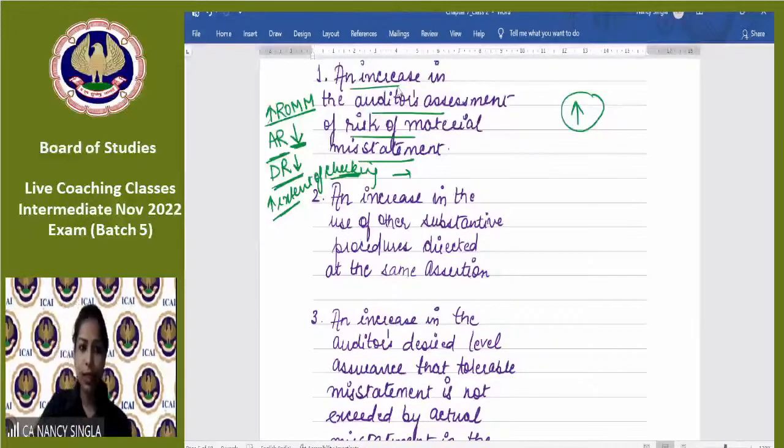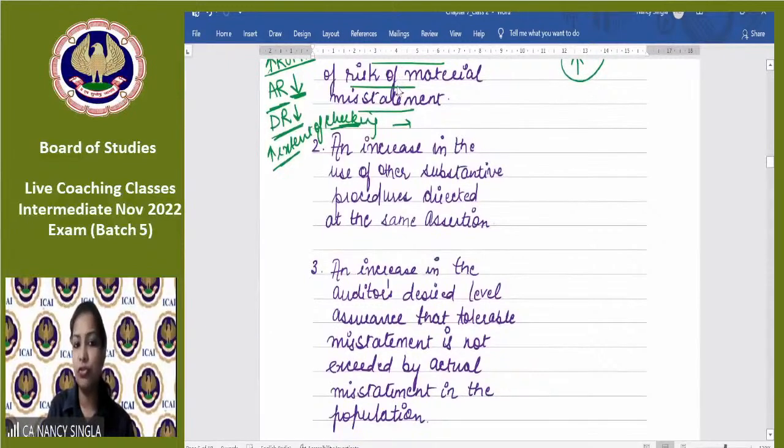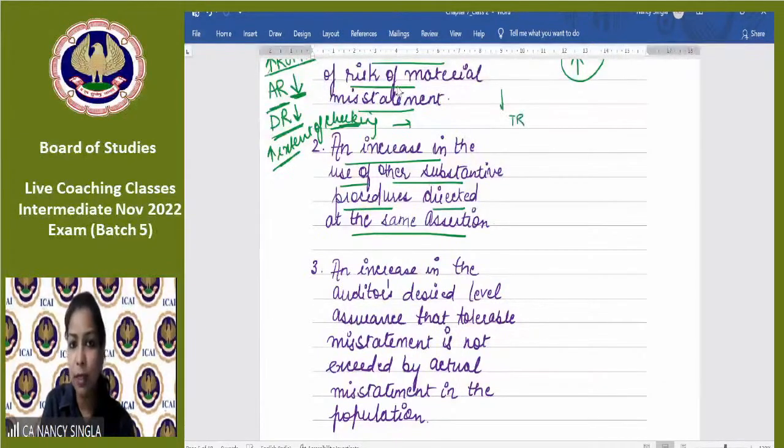Okay? An increase in the use of, understand this point, an increase in the use of other substantive procedures directed at the same assertion. Suppose auditor is checking trade receivable on sample basis.